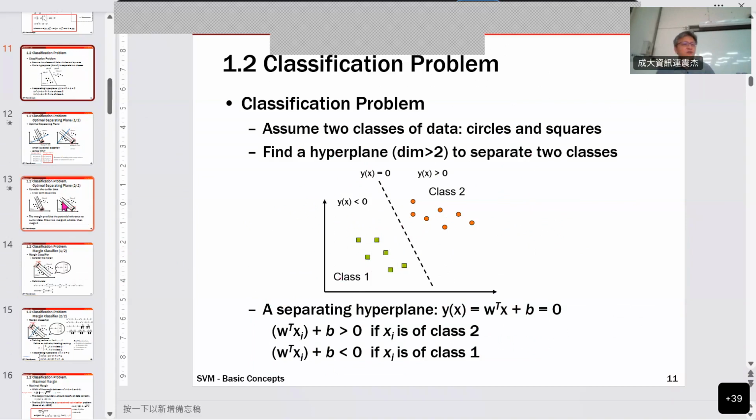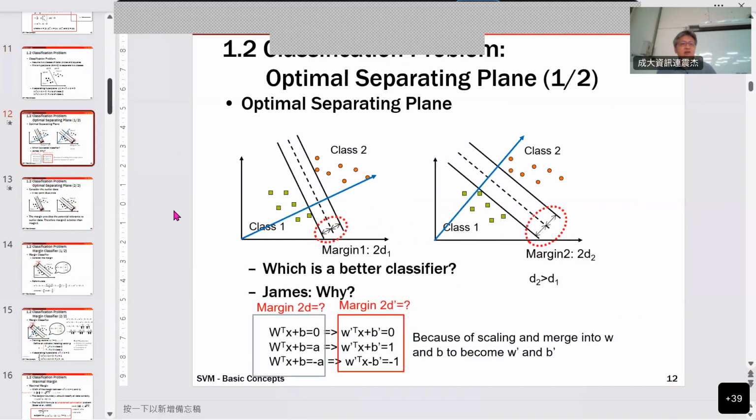However, if we can find two lines and the distance between the two lines is wider, that means the two clusters can be separated as widely as possible.